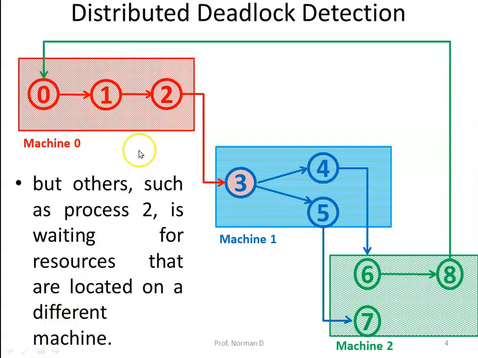But there are some other processes on each machine which are waiting for resources on some other machine. Like process 2 is waiting for a resource held by process number 3, which is on a different machine, that is, it is on machine 1. Similarly, 4 is waiting for some resources which are held by 6 on machine 2.